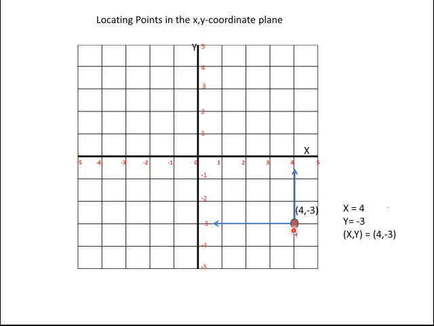Similarly, if you draw a horizontal line to the y-axis, and you hit the number -3, that tells the point that its y-coordinate is -3, and the location of the point is written x comma y, a pair of numbers, 4 comma -3.